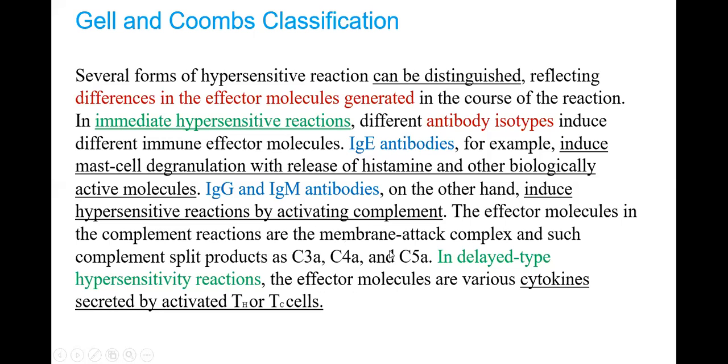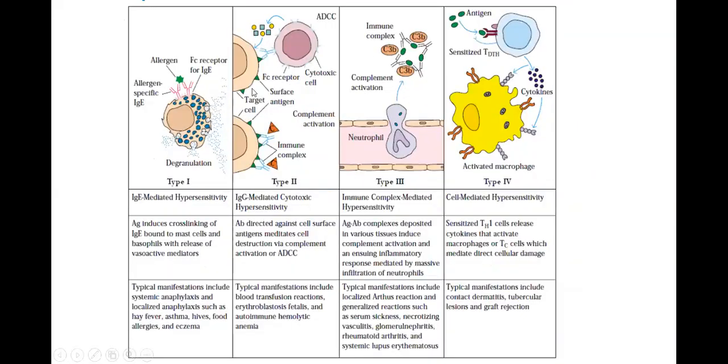The complement enzyme cascade will be activated, the lytic pathway will be activated. These are the effector molecules in type 2 and type 3; in type 1, IgE; and in type 4, cytokines from T helper and cytotoxic cells. So we will take in the next class how each mechanism works, and through that we will talk further.